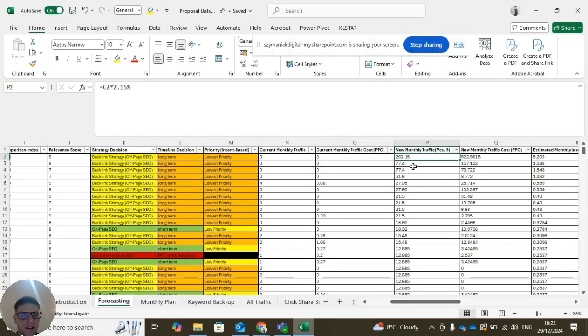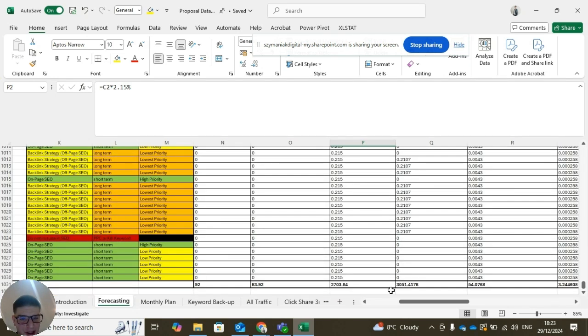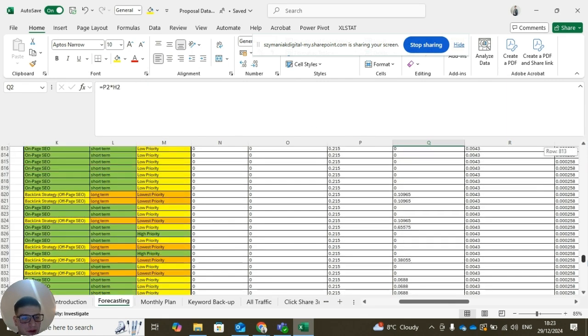And looking at the 12-month period, after working with us for 12 months, based on the average position we will be able to get for each keyword and 2.15% click-through rate, this is how much new organic monthly traffic they would get after the 12-month period per month on average. So just looking at the figures, we sum it all up in that new monthly traffic column, and this is how much it would cost.